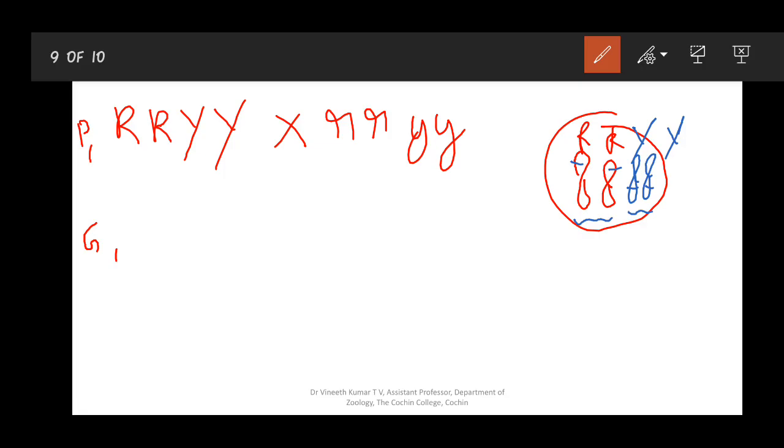That is to be noted, because if it is not noted, you might consider the yellow and the round in the same chromosome, and that might get you in the wrong direction in a dihybrid cross. So here we assume that all the traits we consider are present in separate chromosomes. We consider 2 traits in 2 different chromosomes, and because a trait is controlled by 2 alleles, we will have 4 homologous chromosomes, or 2 pairs of homologous chromosomes, in a dihybrid cross.